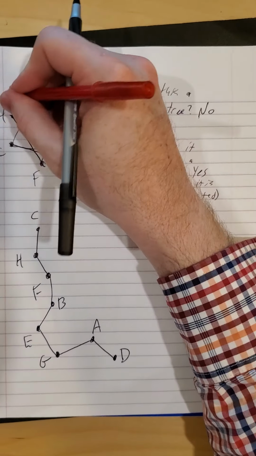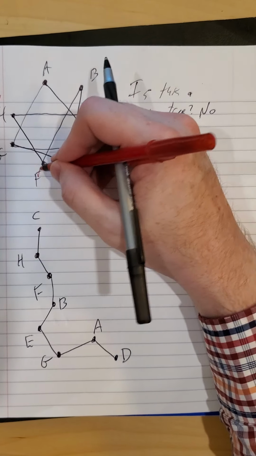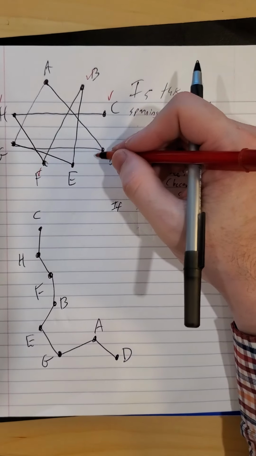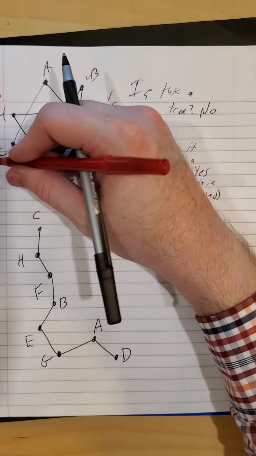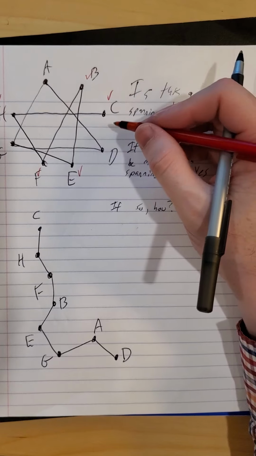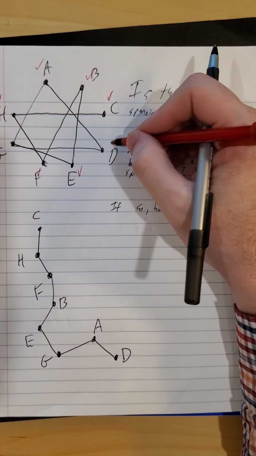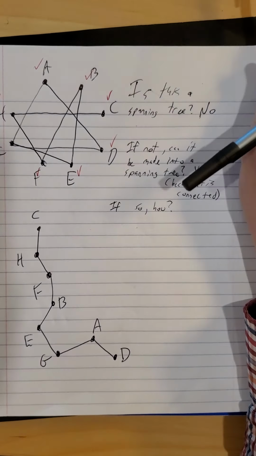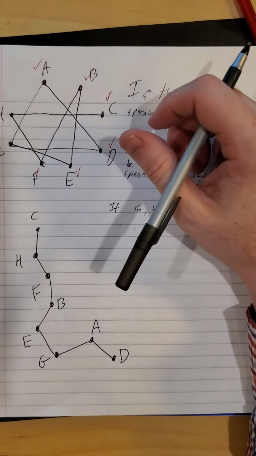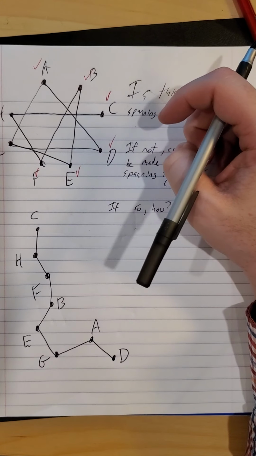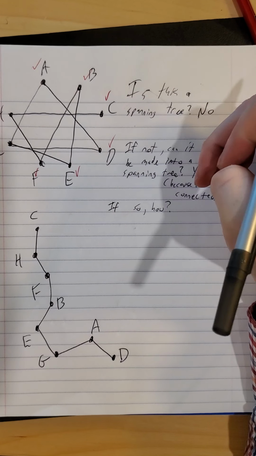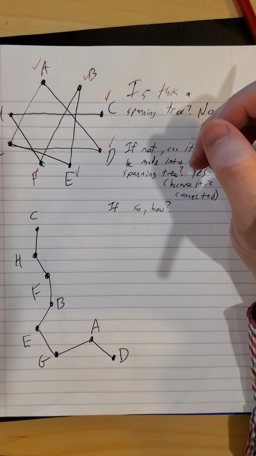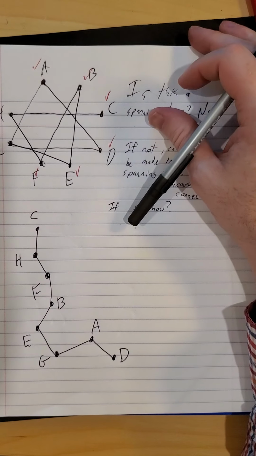So Hotel, Foxtrot, Bravo, Echo, Golf, Alpha, and Delta. So that is one example of a spanning tree. Again, not the only one, but it's one of the spanning trees we could make.